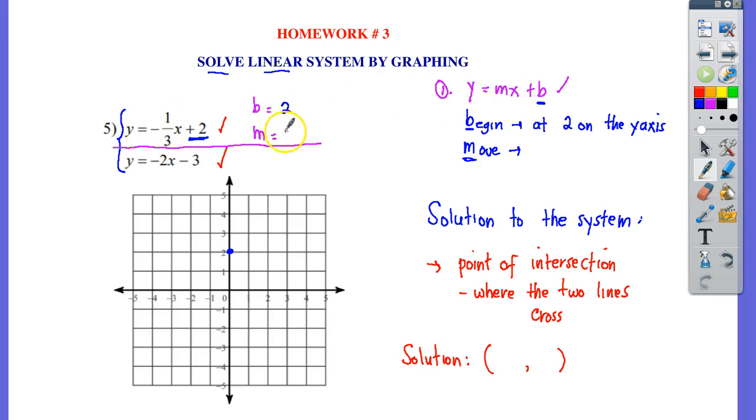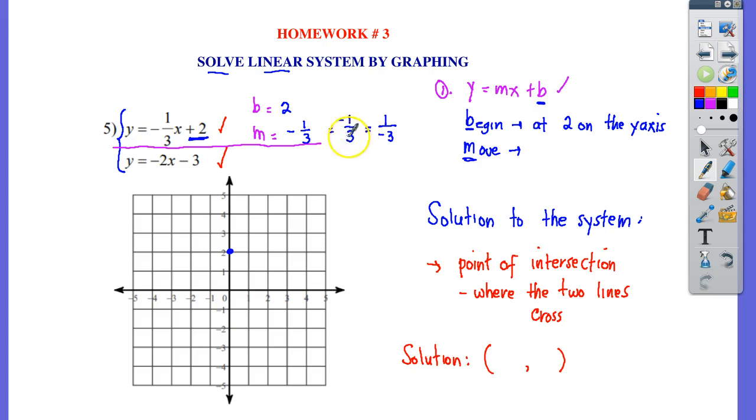Okay, so this one, the number in front of x, the coefficient of x, is negative 1/3. And you're going to ask yourself, wait a second, there's one negative right in the middle. Where does that go? Well, you can put the negative on the top, or you can put it in the bottom. It doesn't really matter, but you have to make sure that you only have one negative.